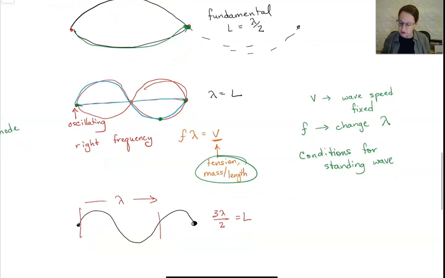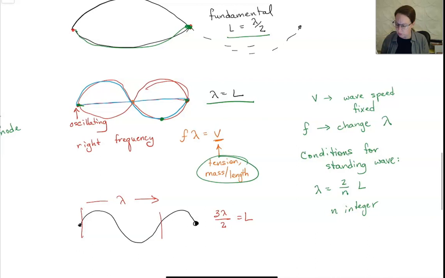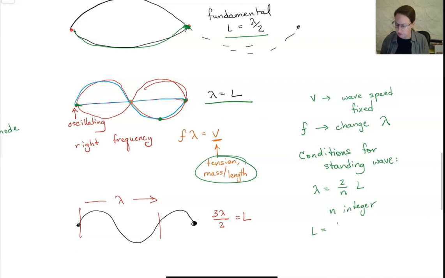But our conditions for our standing wave are that, we can sort of see it coming here, that our length is either half of a wavelength, our length is equal to the wavelength, or 3/2 of the wavelength, or we can write it like this, that the wavelength is 2 over n times L, where n is an integer, which means it's a number, or we could say L is equal to n times lambda over 2, right?